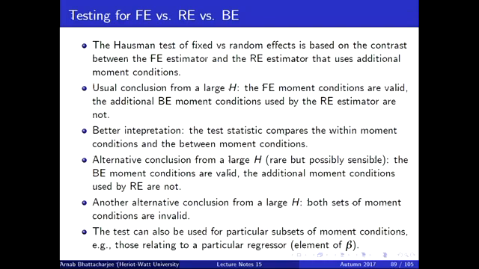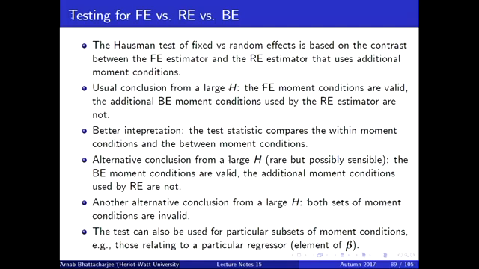So the Hausman test for fixed versus random effects is based on the contrast between the fixed effects estimator and the random effects estimator. And the random effects estimator here uses additional moment conditions, so it is a test for those additional moment conditions. If this difference is large, right, your H is large, what does that mean?